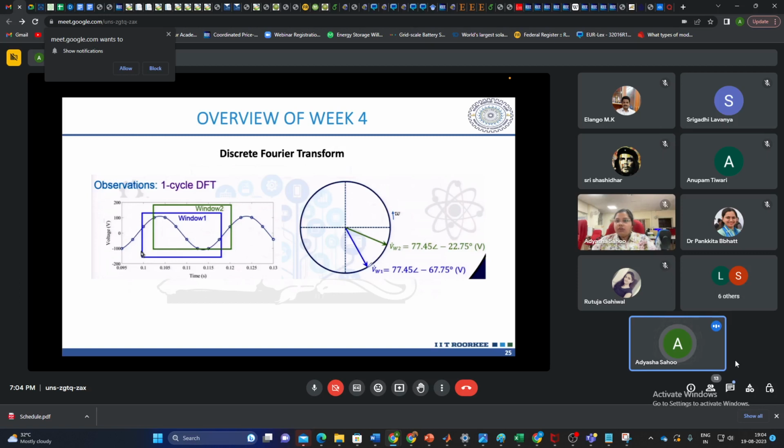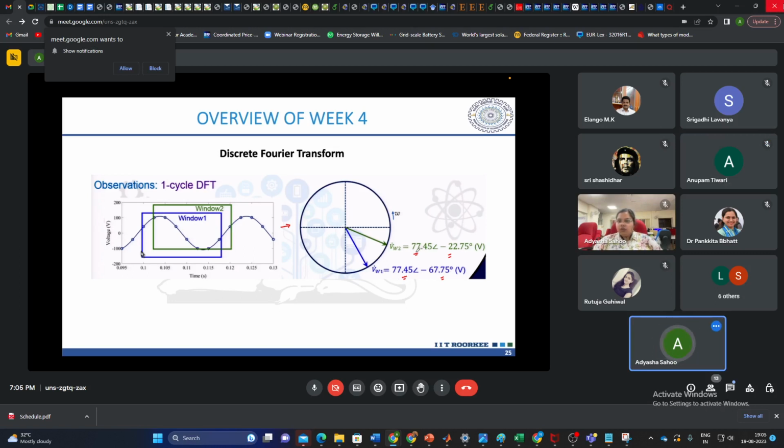So how will these phasors vary? If you see here, they have the same magnitude. But can we tell why we are getting this phase difference between these consecutive phasors? For window 1, we got this value of phasor magnitude and angle.